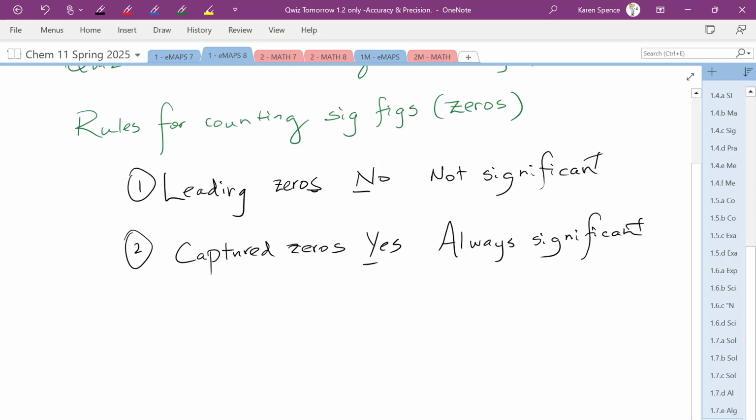And then finally, our third rule, captured zeros, yes. Our last one, trailing zeros: maybe.